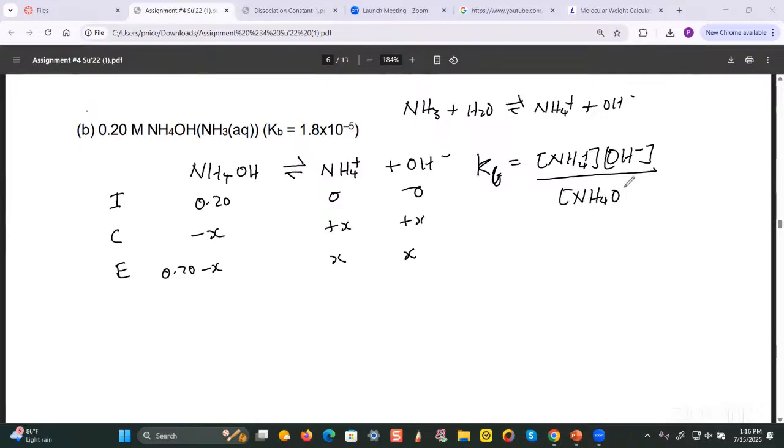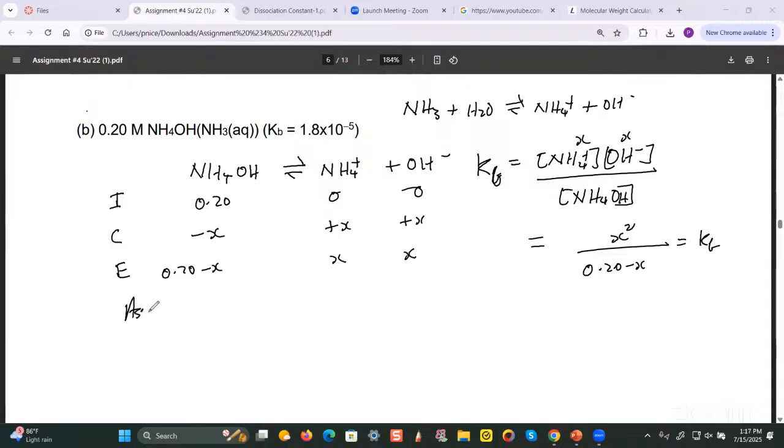Okay, so what are we going to put in the numerator up top? X squared, because this is x and this is x, so x squared divided by what goes down here? 0.20 minus x, and that would be equal to Kb. And then what do we do next? What's the next step? Set it equal.